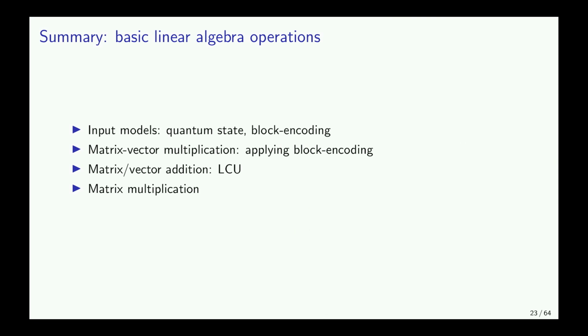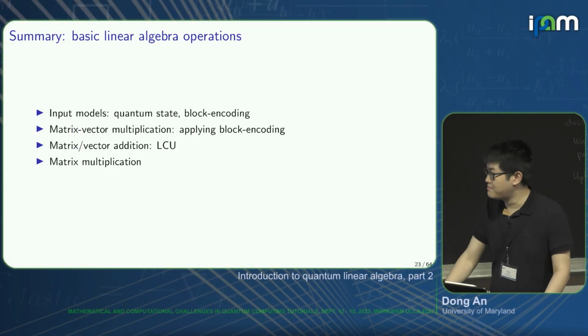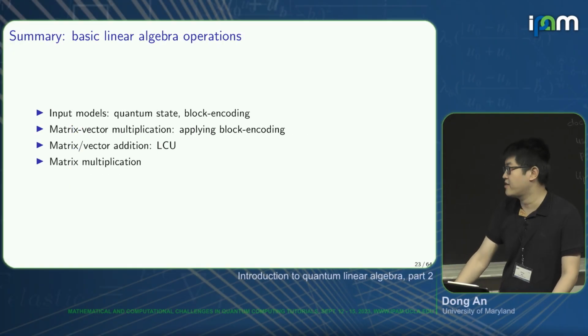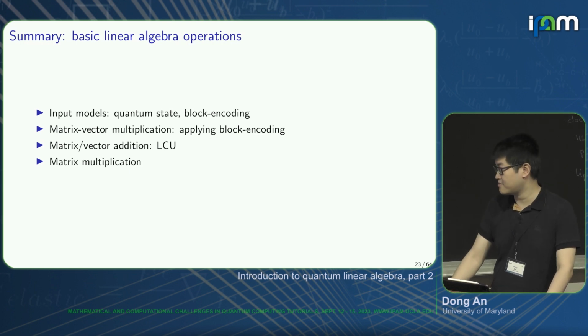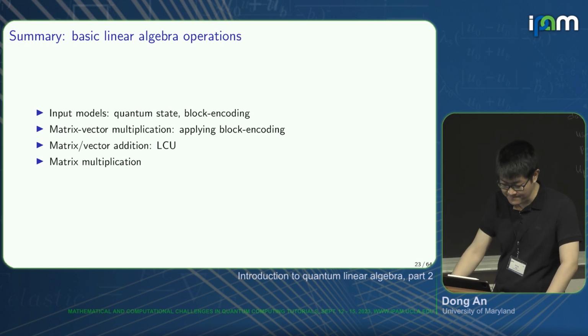We also discussed how to do matrix-vector multiplication by simply applying the block encoding, but you will have some overhead. You will have to do some number of repeats in your algorithm. We discussed how to do matrix or vector addition by linear combination of unitaries. And we also discussed several approaches to perform matrix multiplication.